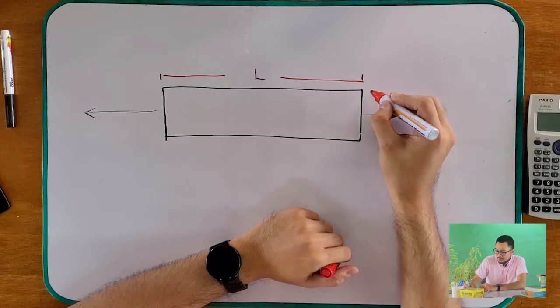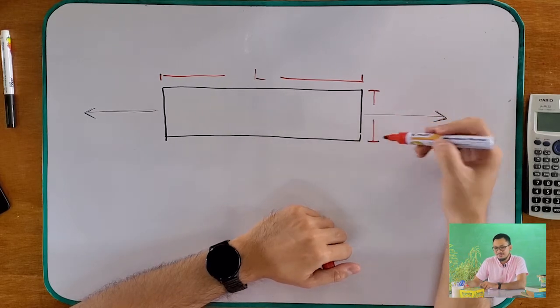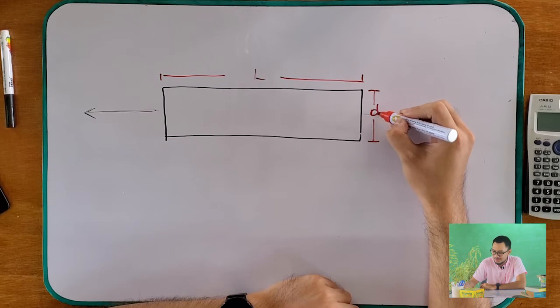But at the same time, as the length of the material elongates, the lateral length of this material will also contract. Let's say this is your diameter.